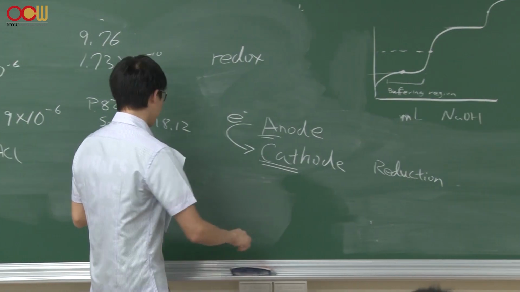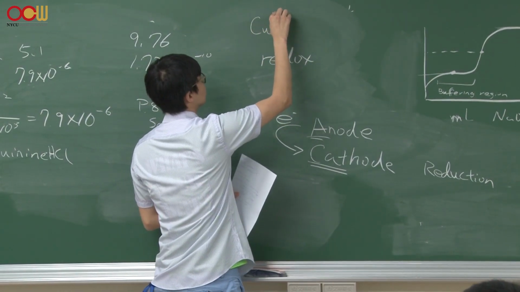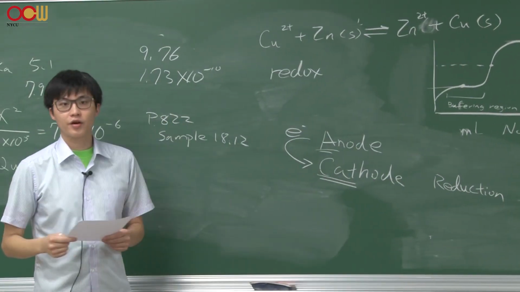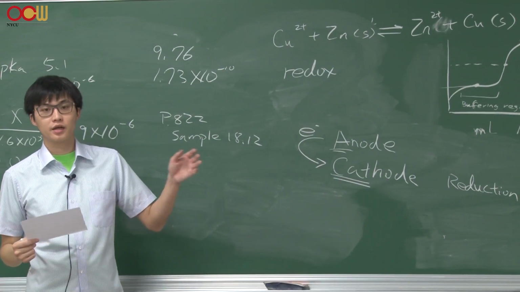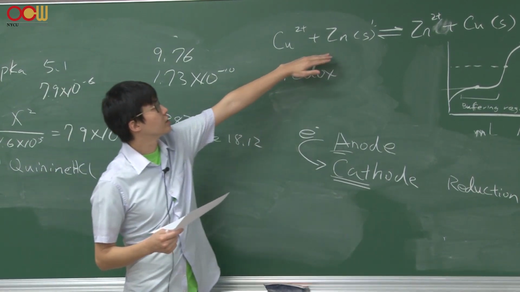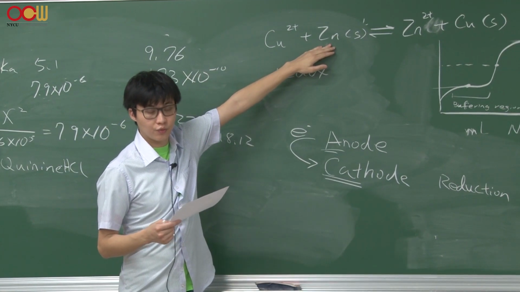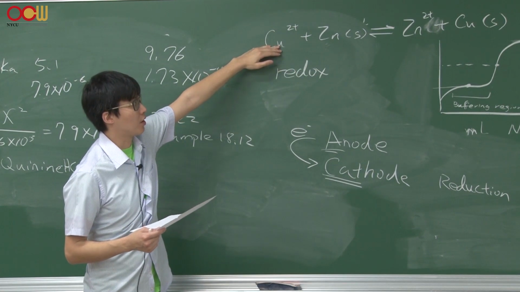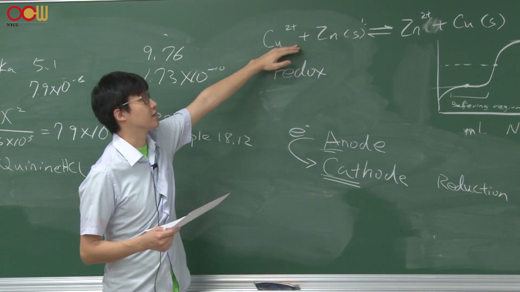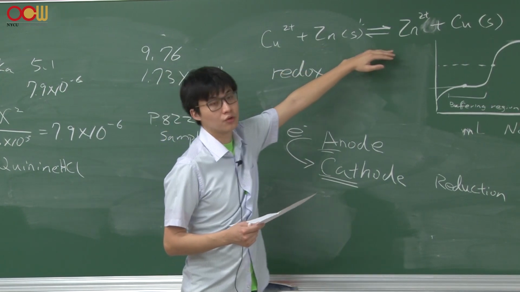And then if we think of a copper zinc system, this is a very classic example where you have zinc and copper as your electrodes. Zinc, we know, is a more active metal, so it's going to be able to reduce copper into its elemental state by sacrificing itself, changing its oxidation state from 0 to 2 plus.